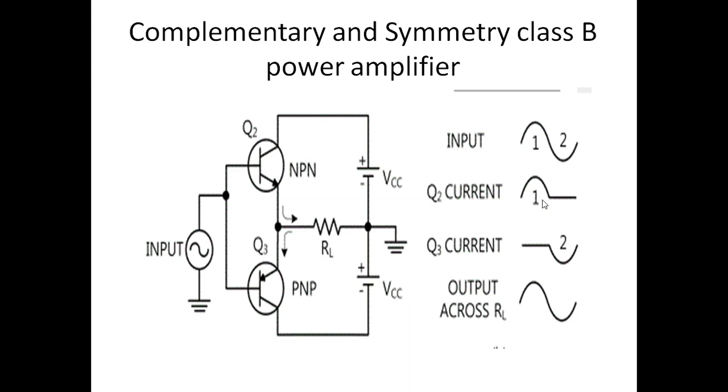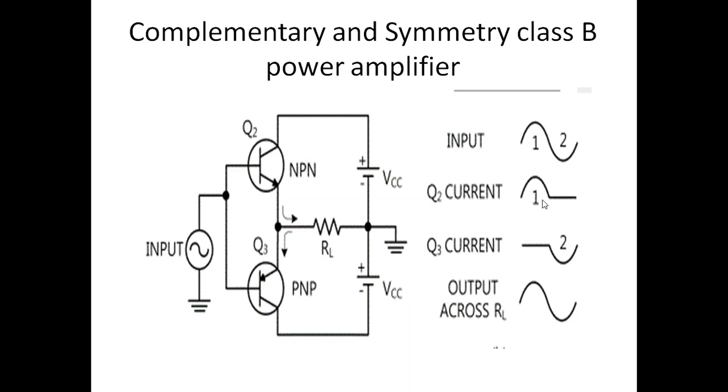This provides only half signal amplification, 180 degrees of conduction. Hence, it comes under the class B power amplifier, and it is made simply by changing the type of material used to construct the transistor instead of using transformers.